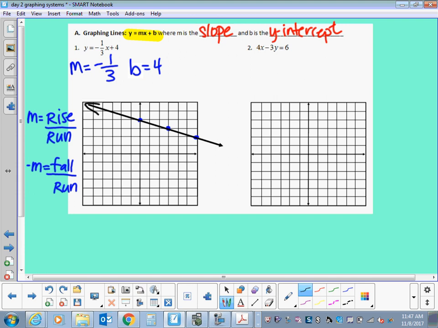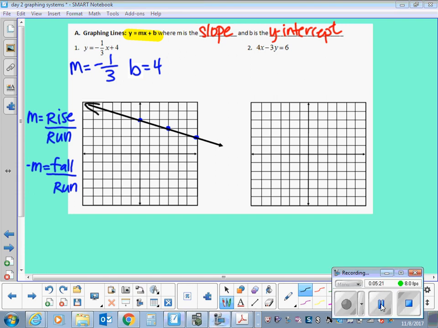Number 2 is a little bit harder. I want you guys to solve for y, and then tell me what your m and your b is. Oh, wait, no, it's 2. -2.